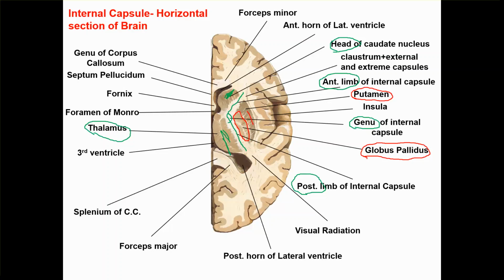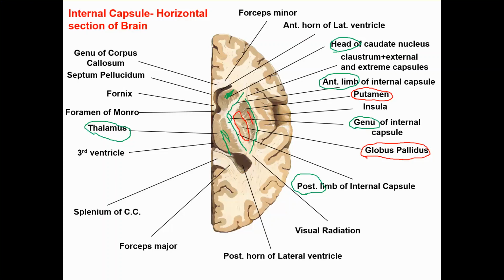Now the lentiform nucleus is covered medially by the internal capsule, and externally by the external capsule. I'll show you where the external capsule is. You can see just outside there is a white substance. That is the external capsule.